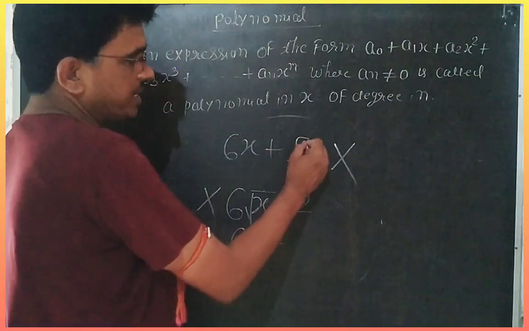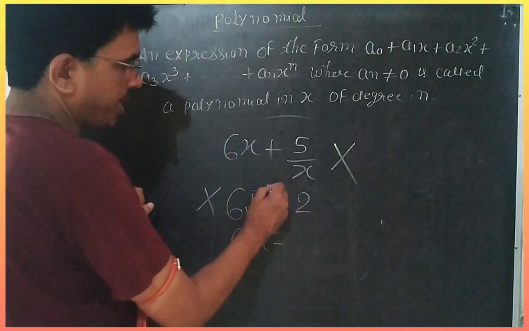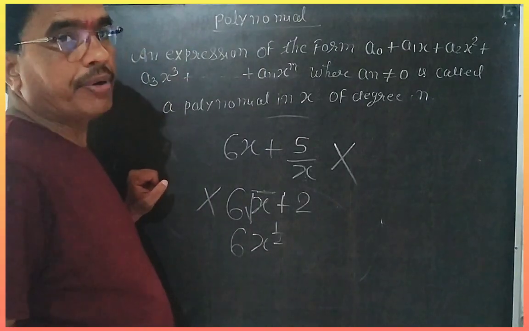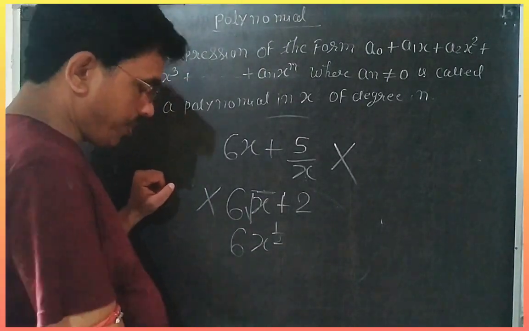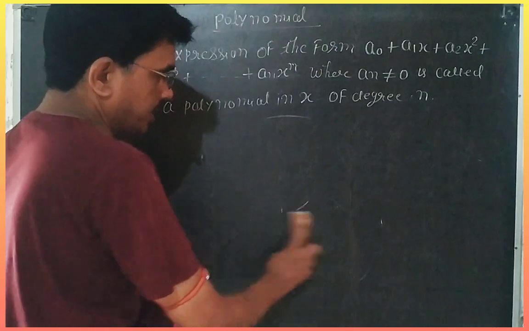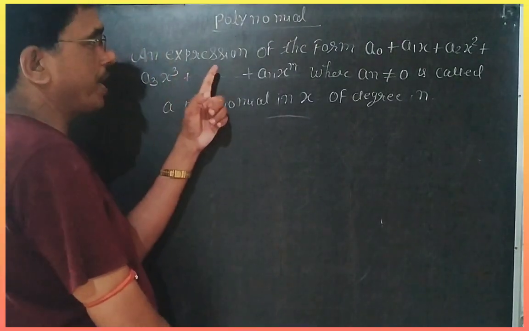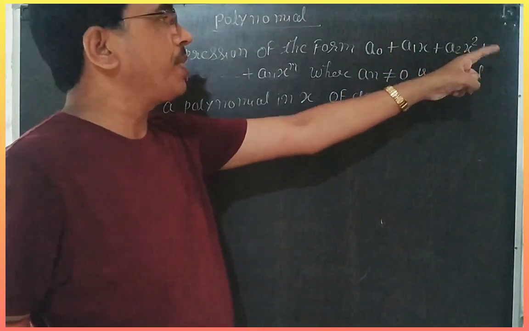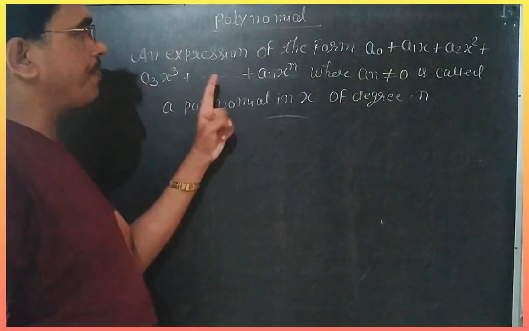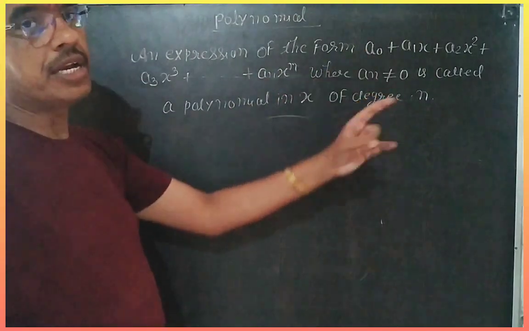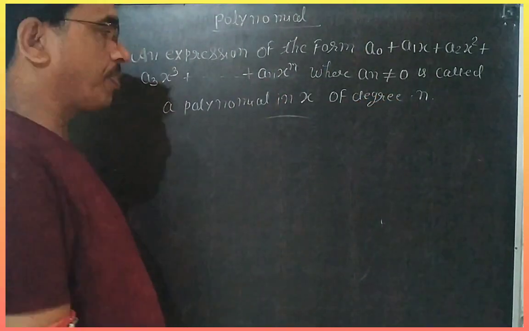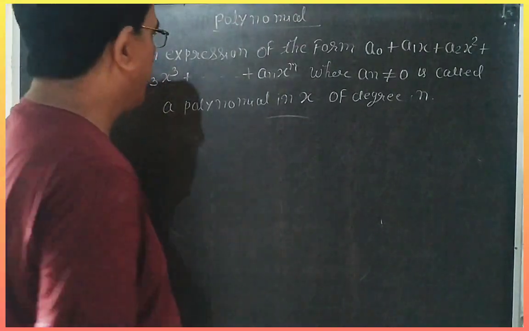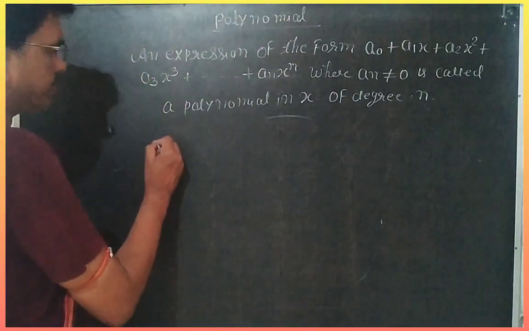So when x is in the reciprocal form and the power of x is in fraction form, you cannot say that it is a polynomial. So in class 10, remember it: an expression of the form a0 plus a1x plus a2x square plus a3x cube plus dot dot anxn, where an is not equal to 0, is called a polynomial in x of degree n.